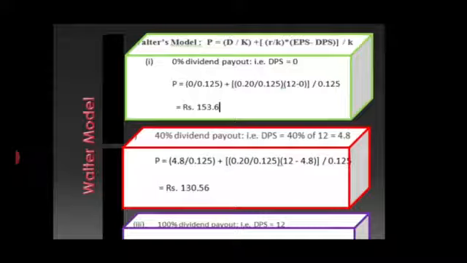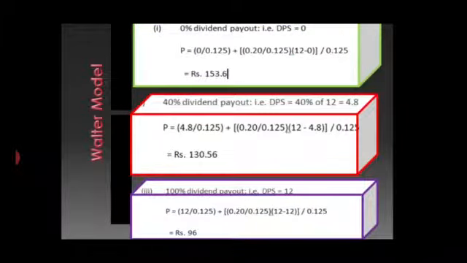So if the dividend payout ratio is 0%, the price is 153.6. Same thing for 40% DPS, the price is 130.56. And if you take 100% dividend payout, then DPS is equal to 12 and the price is 96 rupees.